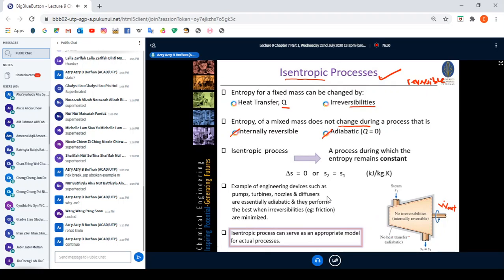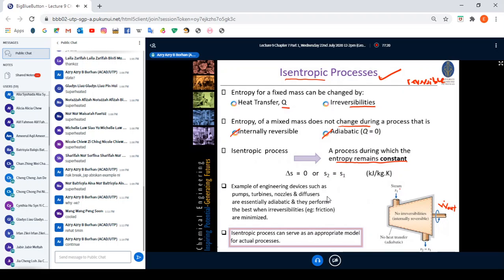So when that happens, and inside this control volume there are no irreversibilities, thus you have an isentropic process. An isentropic process is defined as a process during which your entropy remains constant. So delta S must be equal to 0, or S1 equal to S2.